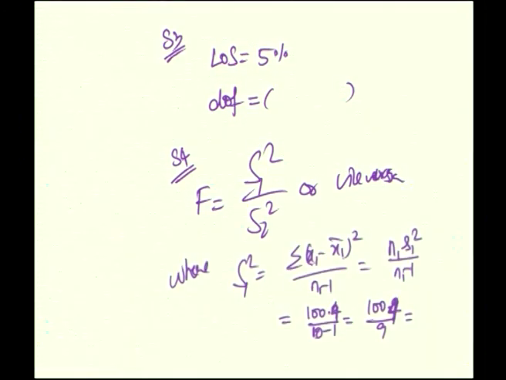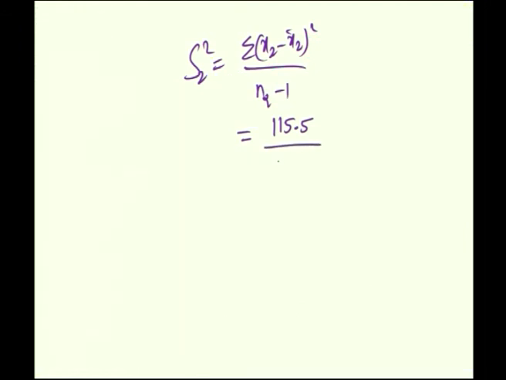Now, S1 square is equal to summation x1 minus x1 bar whole square by N1 minus 1, which is 100.4 by 10 minus 1, 100.4 by 9, equal to 11.155. Similarly, S2 square will be summation x2 minus x2 bar whole square by N2 minus 1, which is 115.5 divided by 12 minus 1, which is 11.